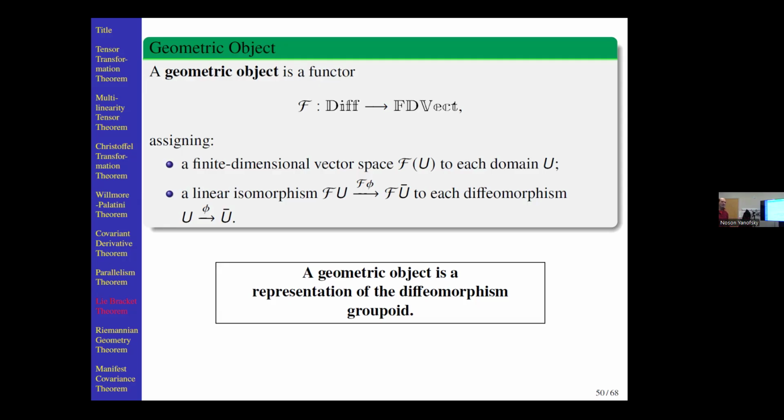A diffeomorphism that maps the point to the open set, that might work. Then you have the vector assigned to that point. I appreciate the clarification I would need to make to bring it home to you.